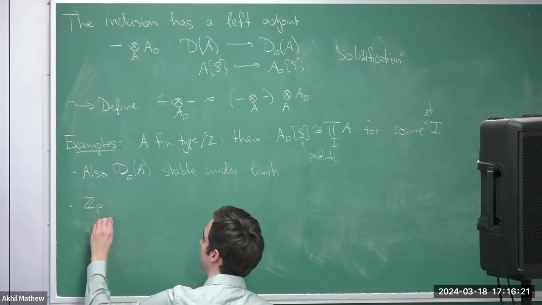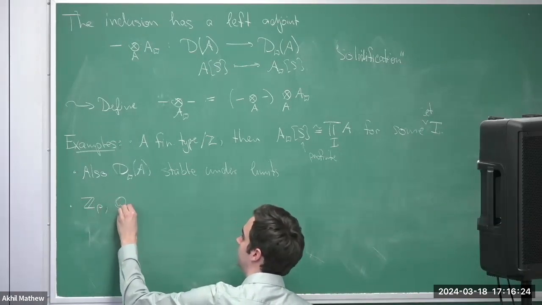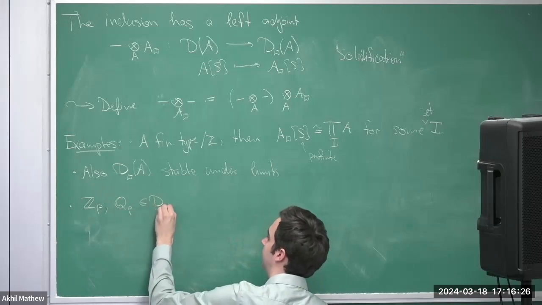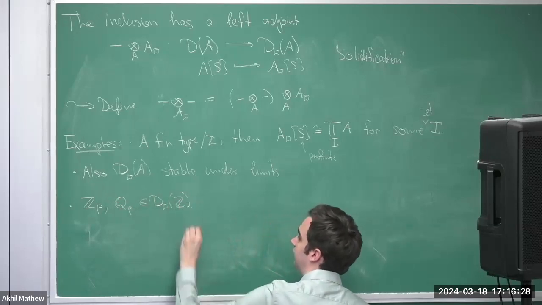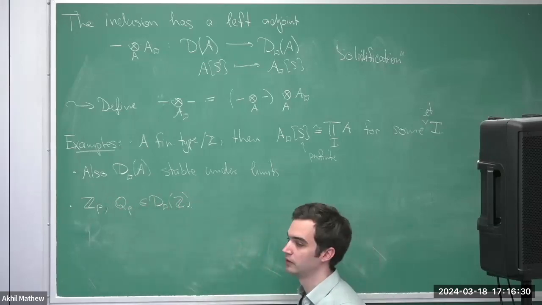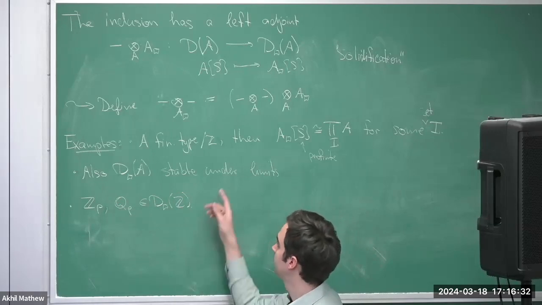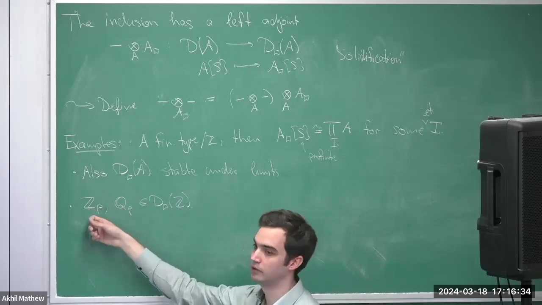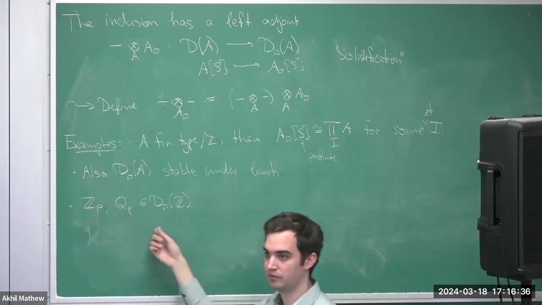I wanted to give one example. So let's take the example Z_p and Q_p. There, they're stable under limits and co-limits, and I can build those out of finite discrete stuff.